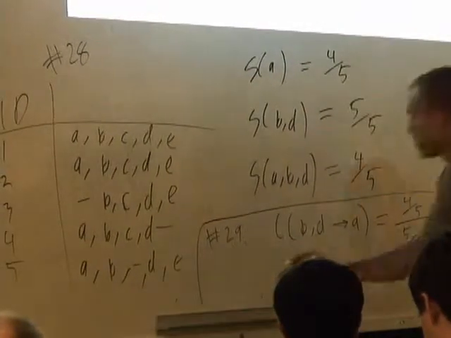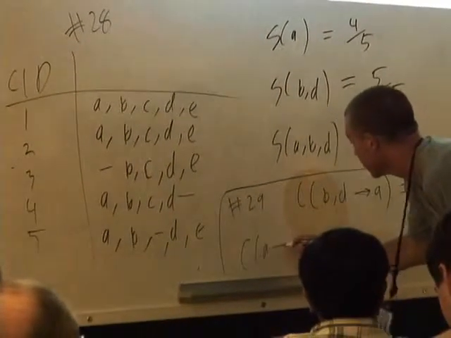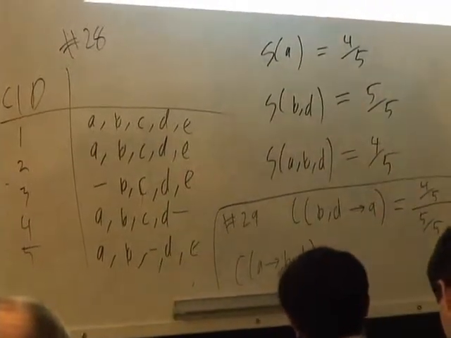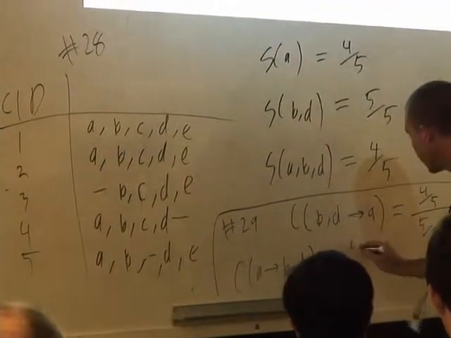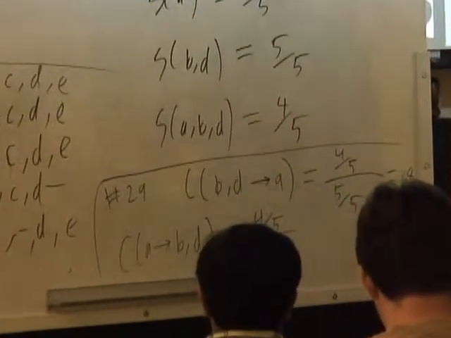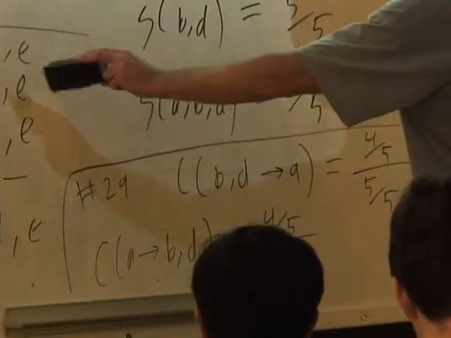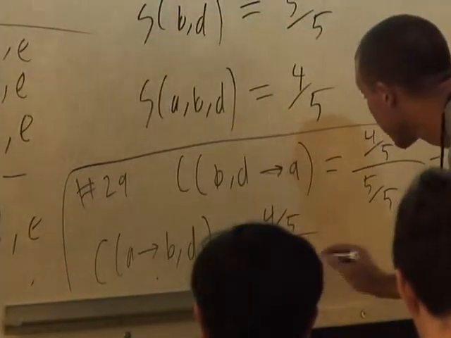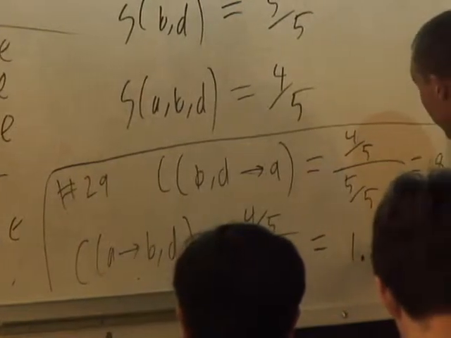And then going the other way, A implies BD. On the top is again the 4/5, the support for the ABD triple. On the bottom, everyone who bought A, the support of A, 4 out of 5. So this rule has 100% confidence, 1.0.